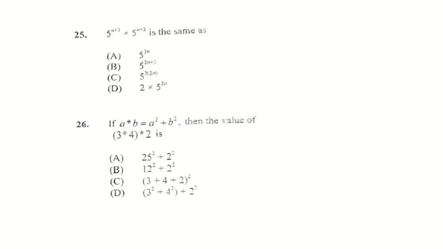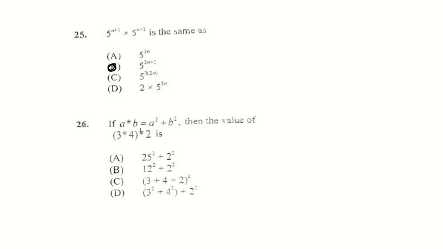Right, this is a repeated question as well. When the bases are the same, you're multiplying, you add the powers, so it would be 5 to the power of 2n plus 3, right?